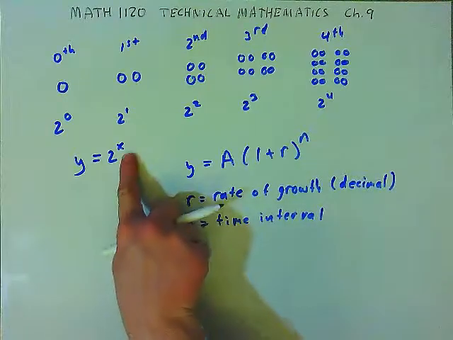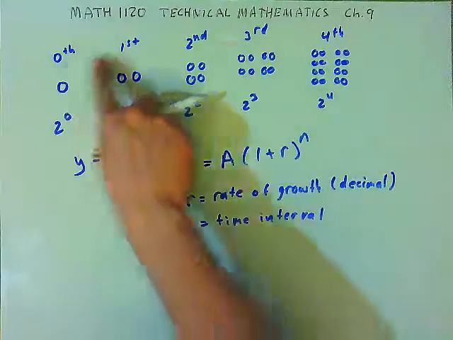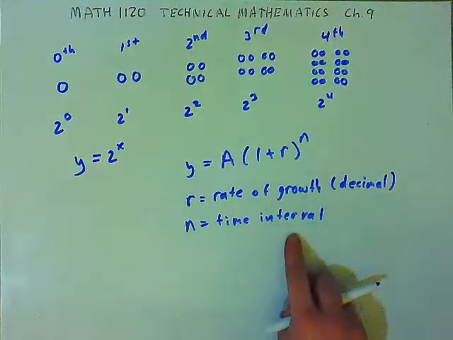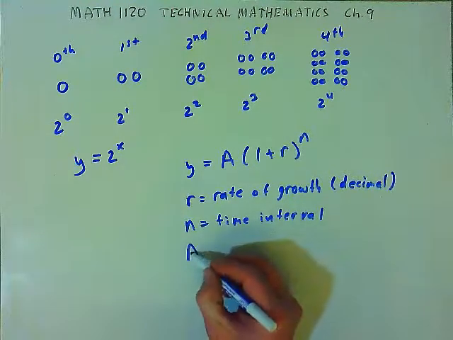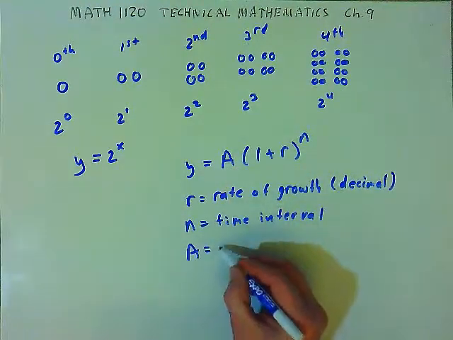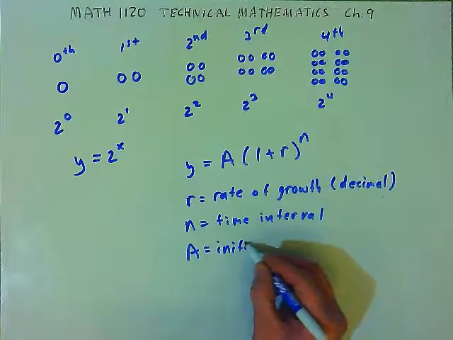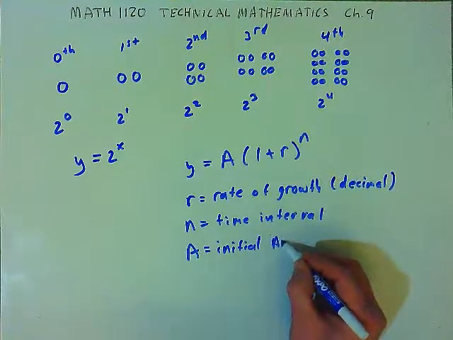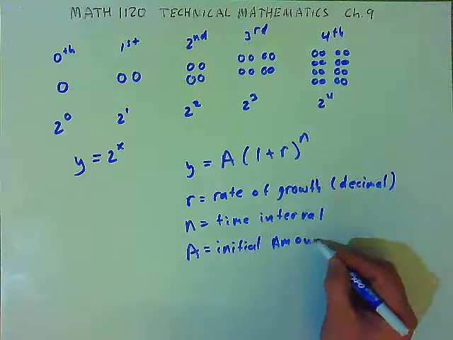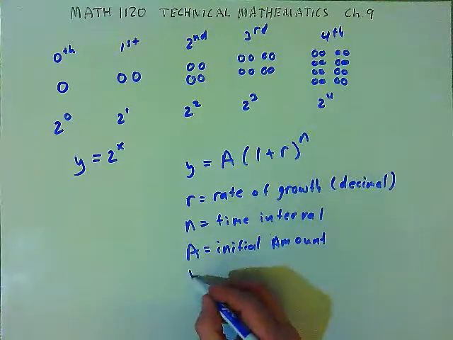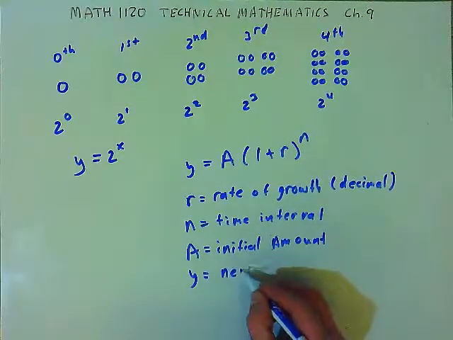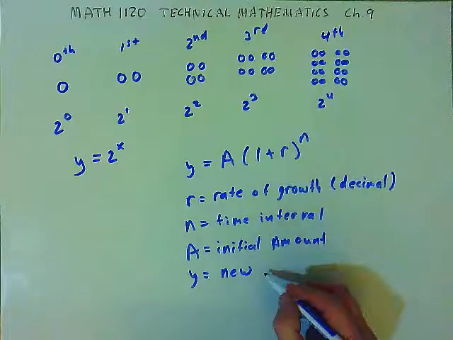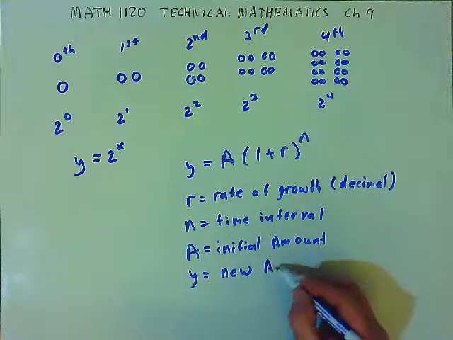Just like in this example, the exponent was the amount of time that has passed. A, in this formula, represents the initial amount. And y is the new amount. Right? That's what we're trying to solve for most of the time. The new amount.